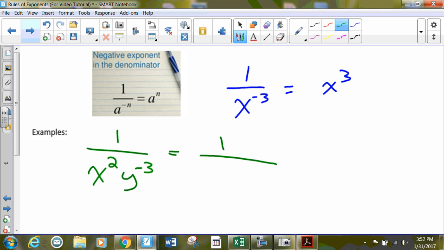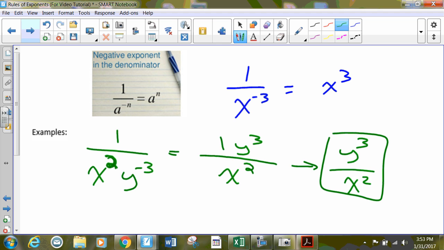The x squared is stuck in the denominator. It doesn't get to move. It stays. The y to the negative 3 has to move. If you have a negative exponent and you're in the denominator, you better move up to the numerator. And of course, we would want to write it y to the 3rd over x squared. We don't need to put that 1 there. It's kind of redundant.